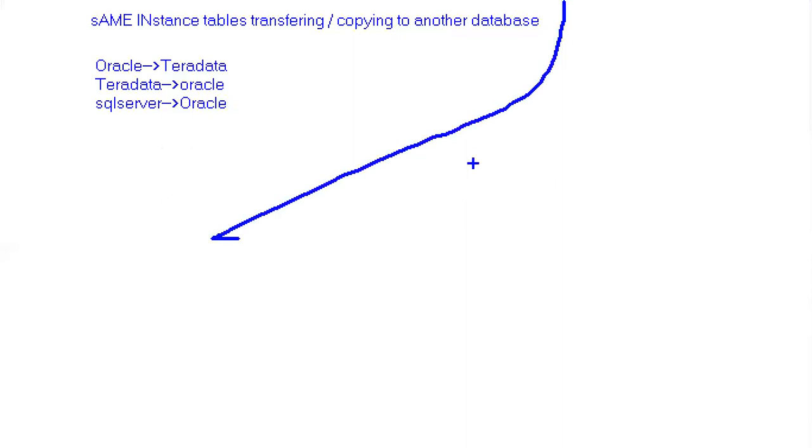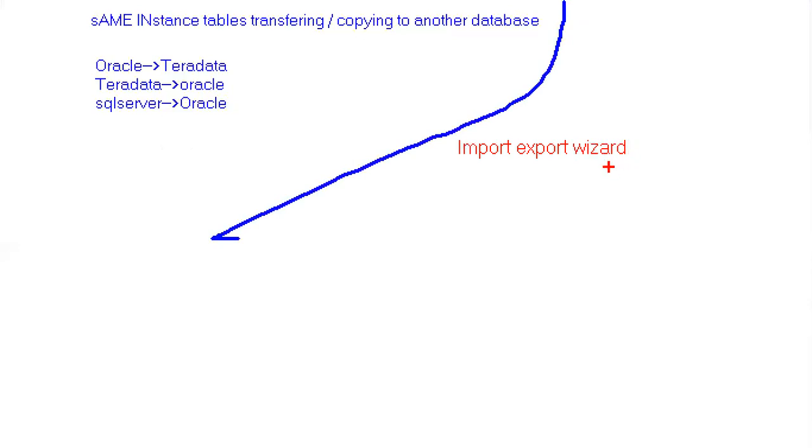And in real time, there is a possibility that you may load data from Oracle to Teradata, Teradata to Oracle, SQL Server to Oracle. In all these situations, this is the direct load, direct movement. In all these situations, we can go for a component called the import export wizard.